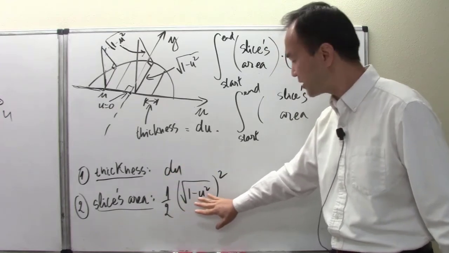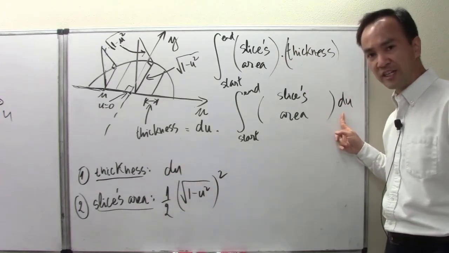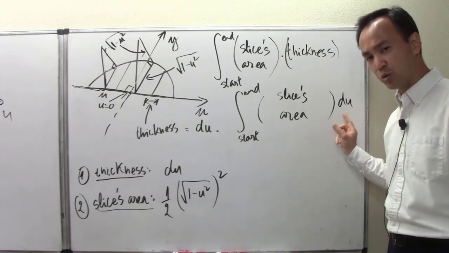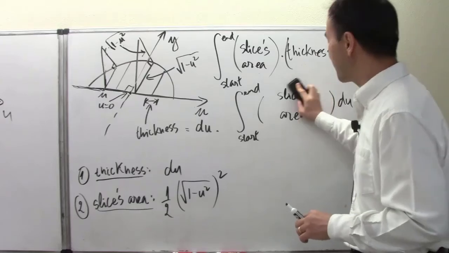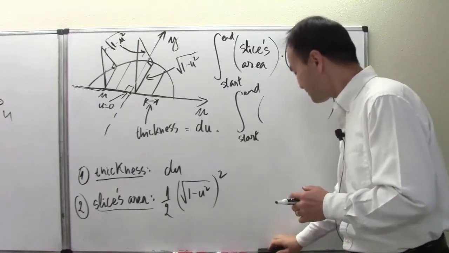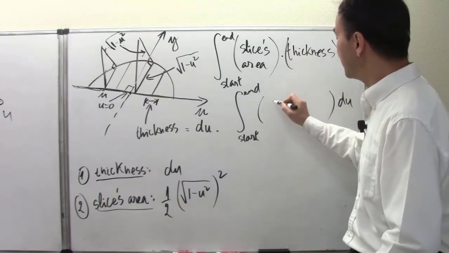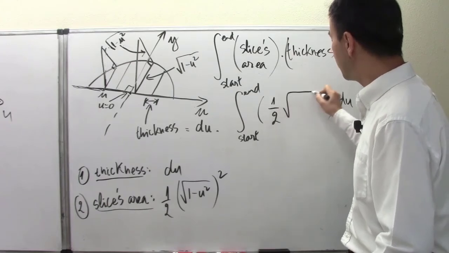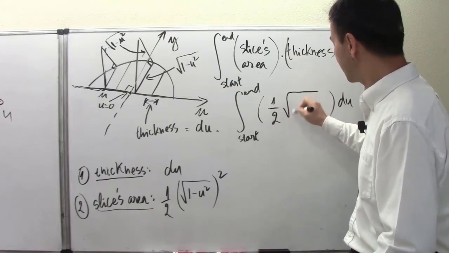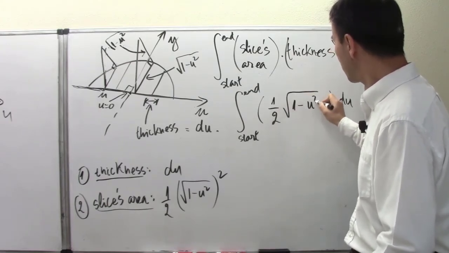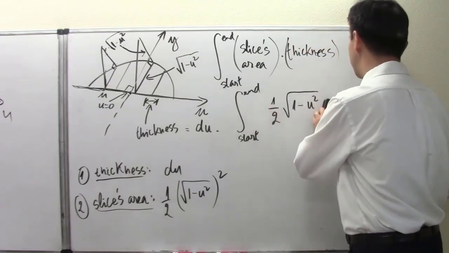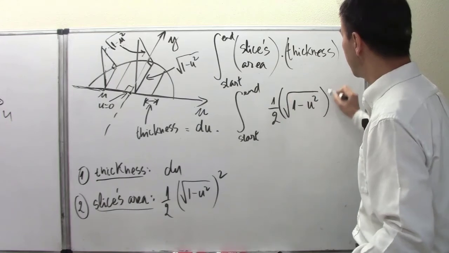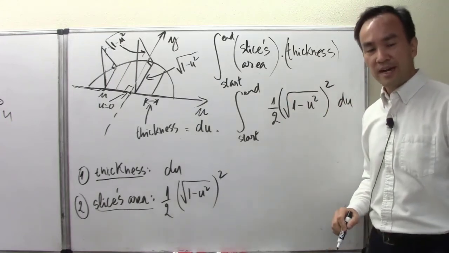That's consistent with the fact that we have already decided our thickness is du. And so now we are ready. I'm going to fill in this slice area as 1/2 times the square root of 1 minus u squared, but allow me to erase this extra parenthesis here, because that needs to be squared.